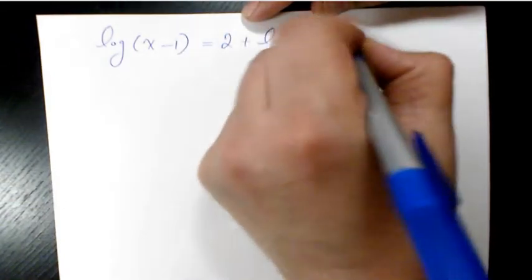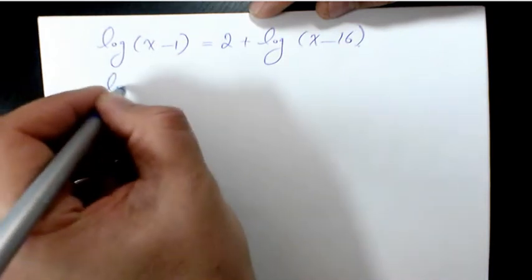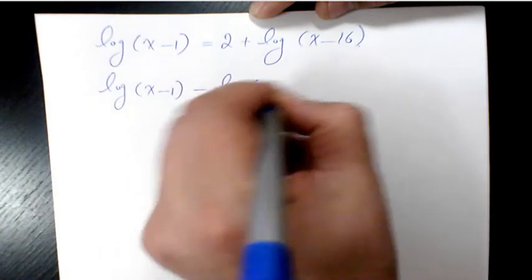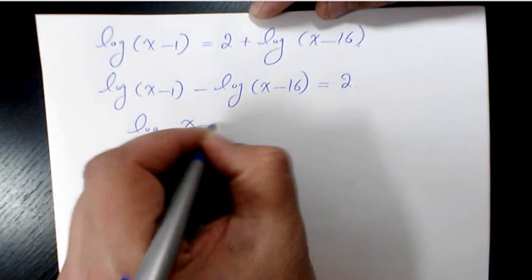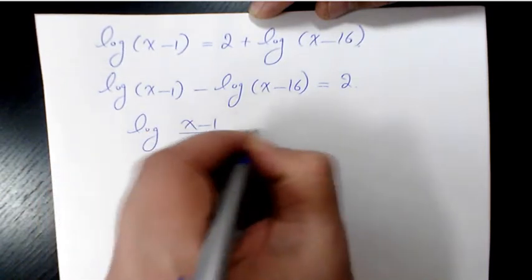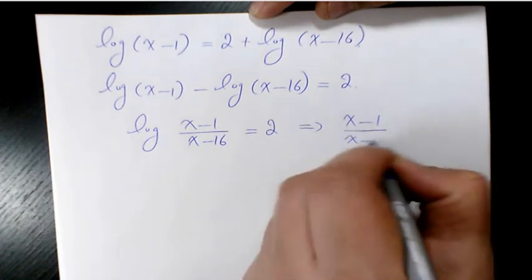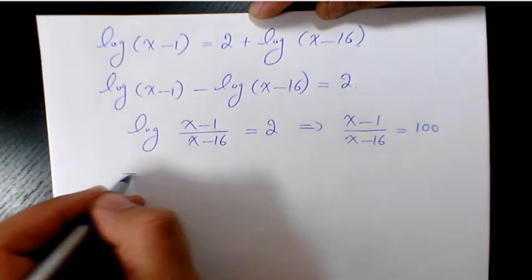Next example, log of (x minus 1) equals 2 plus log of (x minus 16). That is going to be log (x minus 1) minus log (x minus 16) equals 2. So we have log of (x minus 1) divided by (x minus 16) equals 2. So therefore (x minus 1) over (x minus 16) equals 10 to the power of 2, which is 100.